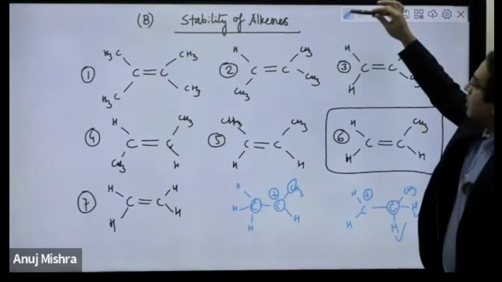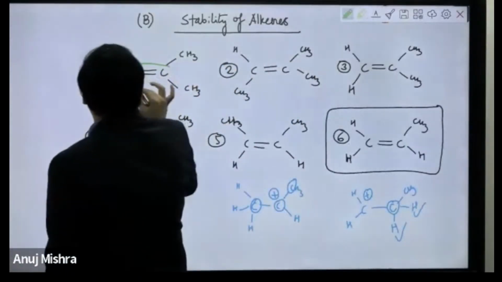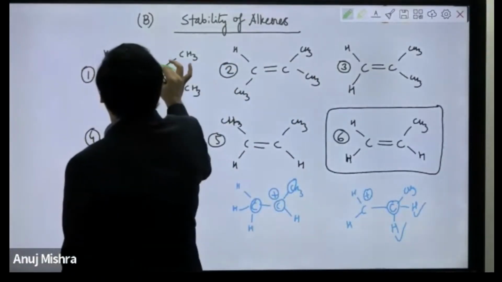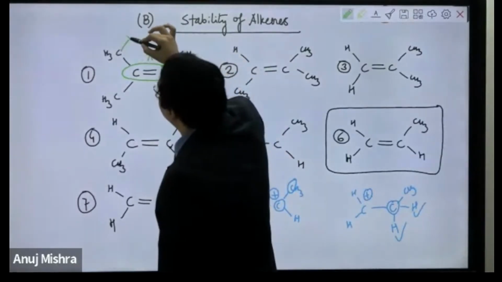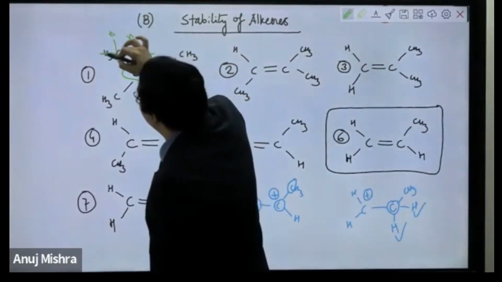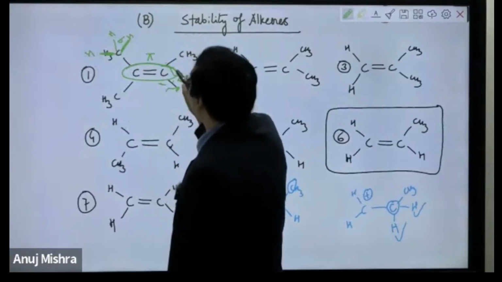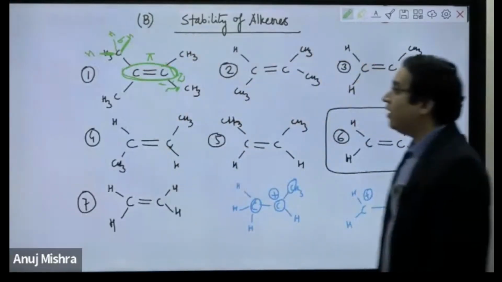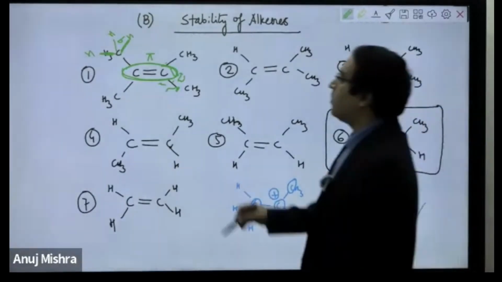Second important thing. If I consider the C double bond C as a pi orbital, right? And let's say you have a CH here. Out of 3 CH, I'm drawing it like this. So this is a sigma and this is a pi. And when you want to discuss any kind of hyperconjugation in this, what is the possibility?